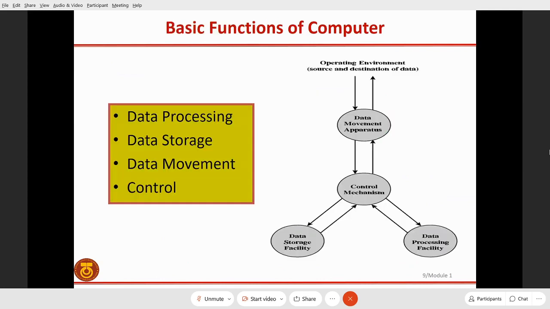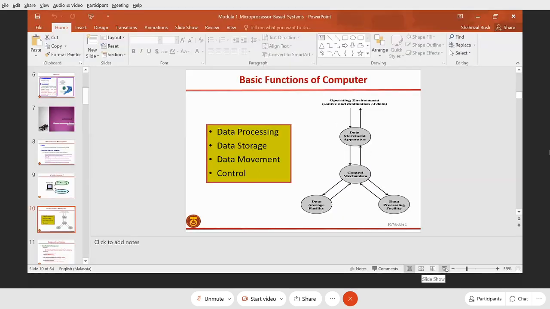What is involved in the basic function of a computer? Other than these two, it has data movement. Where does it move from and to? It moves between memory and CPU. For those who do not know what CPU is, can anybody write in the chat box what is CPU?